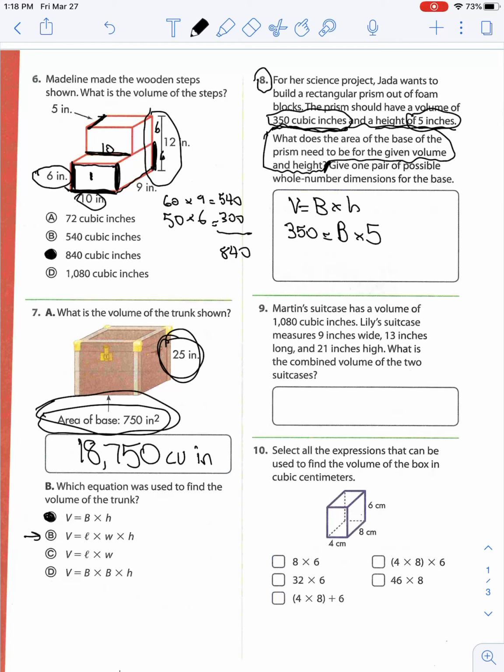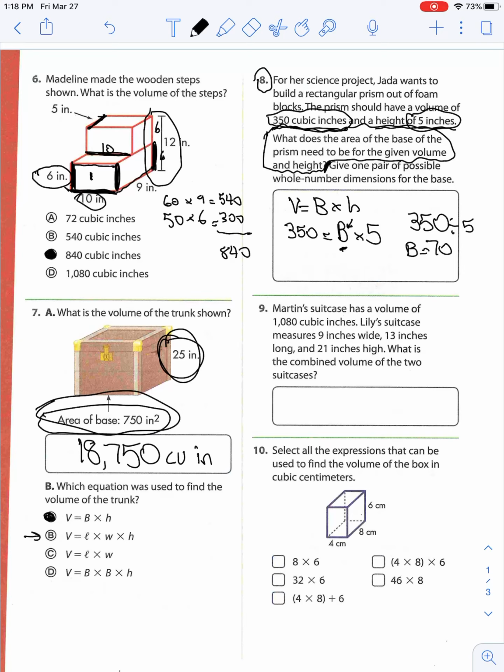So 5 times something will give us 350. So when we don't know one of our factors when we're multiplying, we're going to have to divide. 350 divided by 5. And 350 divided by 5 is 70. So we know that the base is equal to 70.